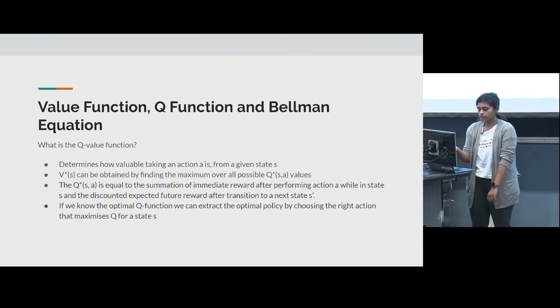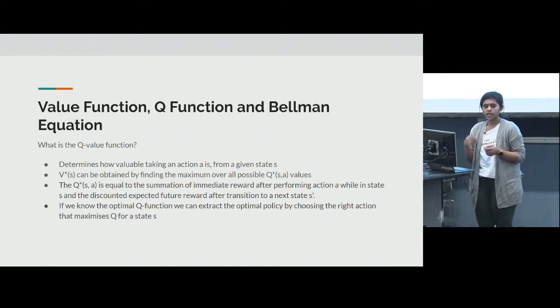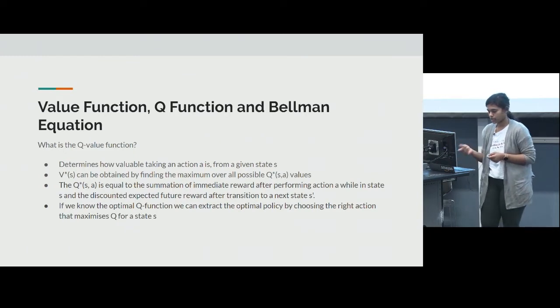For a given value function, if you take a maximum of all these different values, you have one optimal value, and then the corresponding policy is the optimal policy, and we indicate this with stars just to say that they are the optimal values.